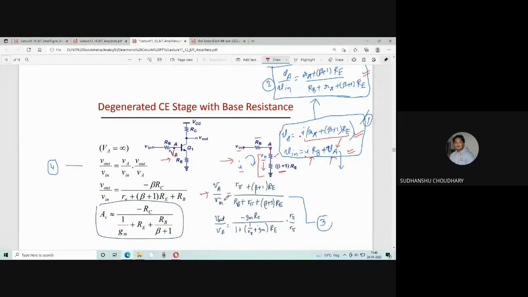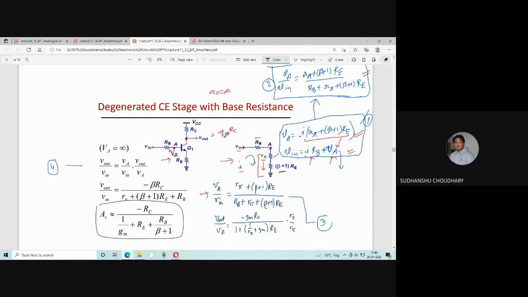Okay. Now, next we also find a relationship between V out and VA. So V out, that is for this stage, would be simply equal to minus GMRC, considering R naught is infinite.